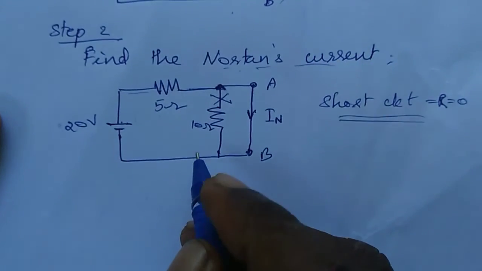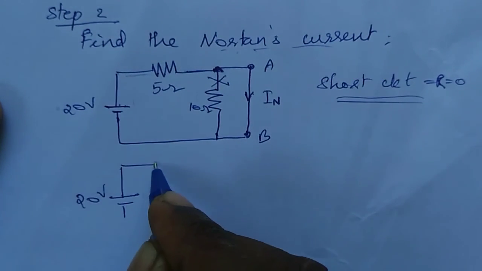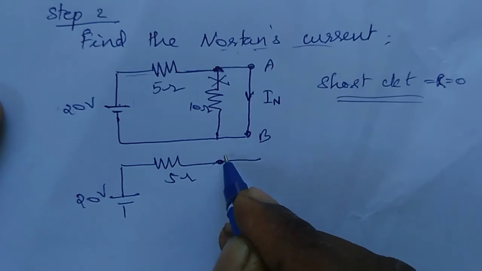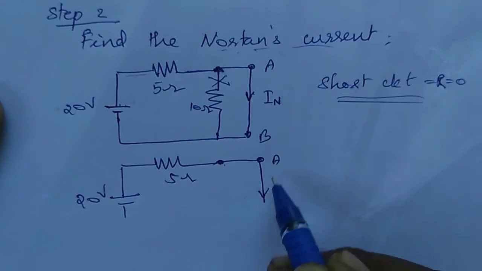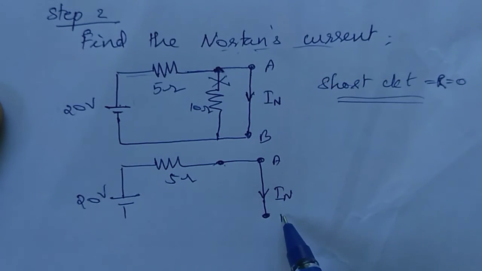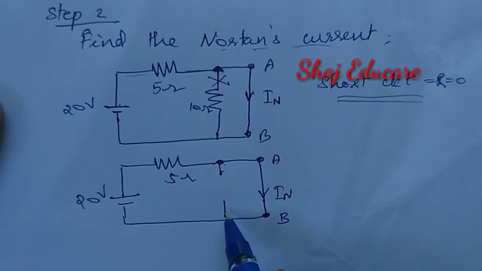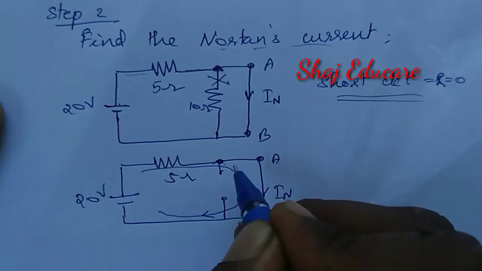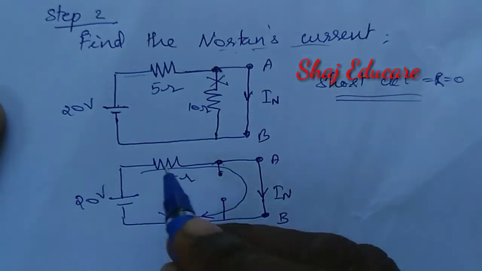So let us draw the corresponding circuit once again. 20 volt, followed by the 5 ohm resistance, then this node, then A, the short circuit with the corresponding current IN, then another node B, and there will not be any current flow through the other path. Current will flow through this path.